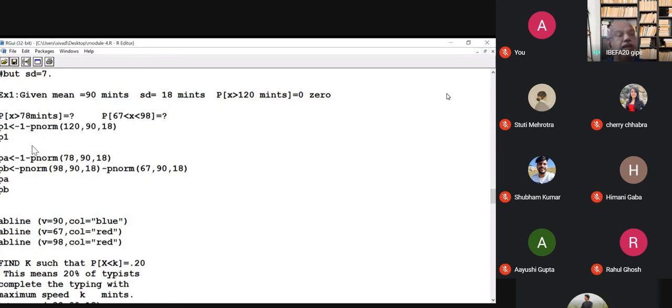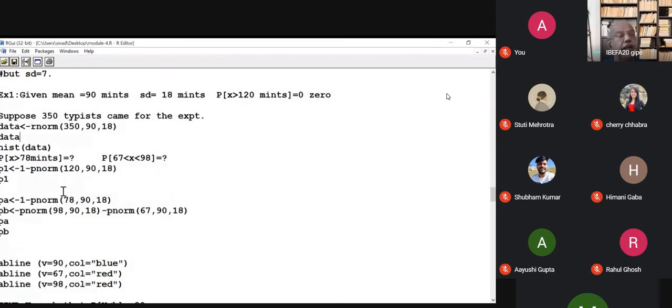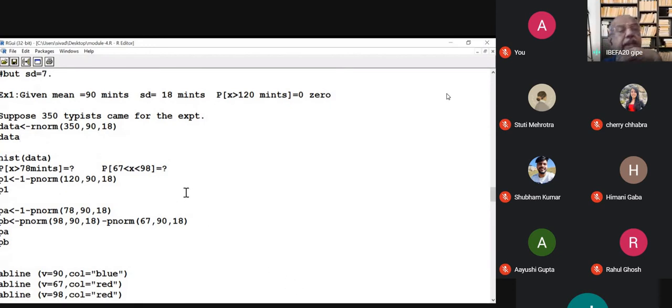The meaning of the question is, suppose 350 typists came for the test, with average 90 and 18 minutes. So rnorm gives you the typing speed of 350 typists, a random sample of 350 typists.